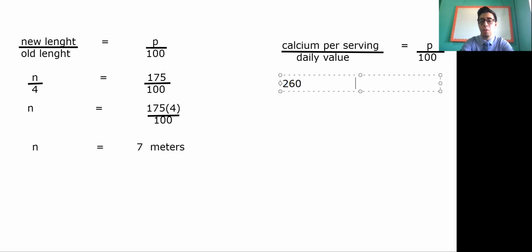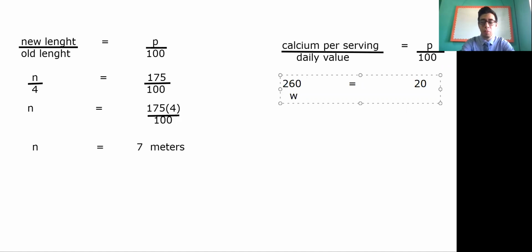This is going to be equal to P. What is P? P is the percent, and you can see that it's 20%. On the book they show you, this is the 20%. Okay, what else can I do in here? I don't need to write the percent, okay? I write it for you to see.